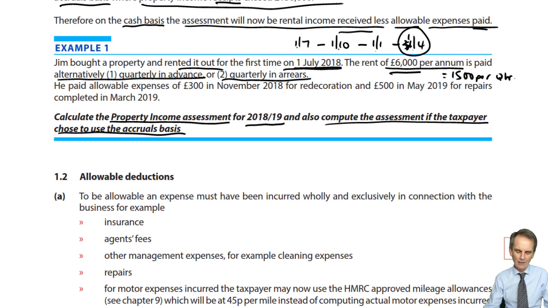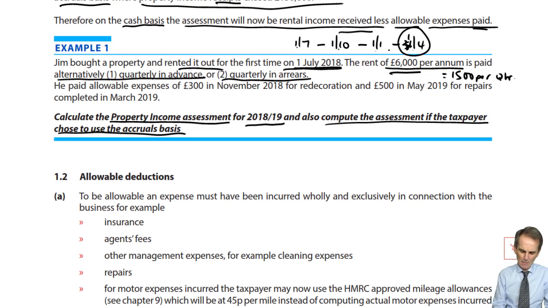And they might put a little line in the question saying that the amount due to be received on the 1st of April was not actually received until the 10th of April, the 15th, the 8th, the 20th, whatever it might be. But a date after the 5th of April 19, i.e. it doesn't fall in the 18-19 tax year, that's now gone into and been received in the 19-20 tax year. So it is when it is received that would count here.